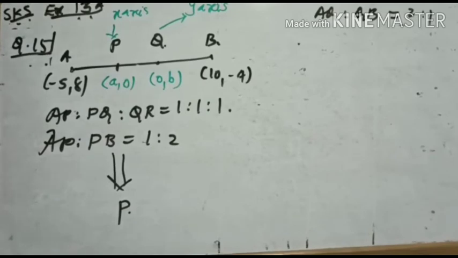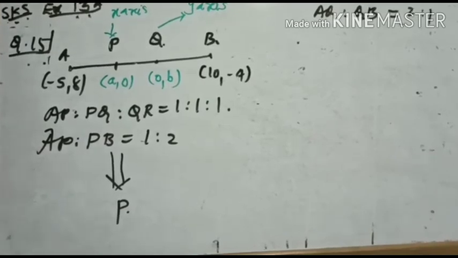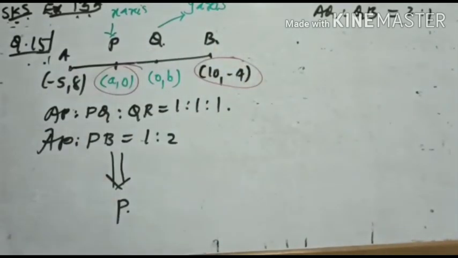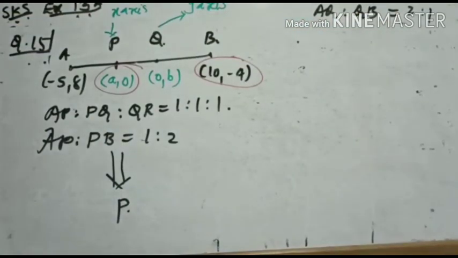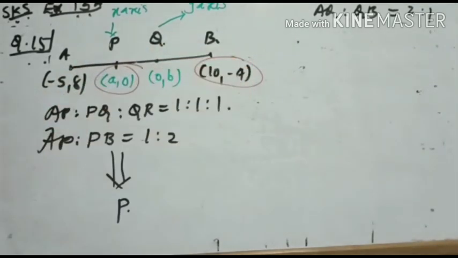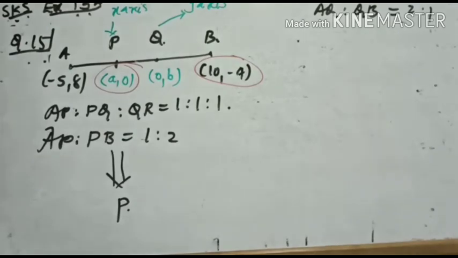And if you are smart enough, once you get the coordinates of P, you can find the coordinates of point Q using the midpoint formula, because PQ will be equal to QB, hence Q will be the midpoint of PB.